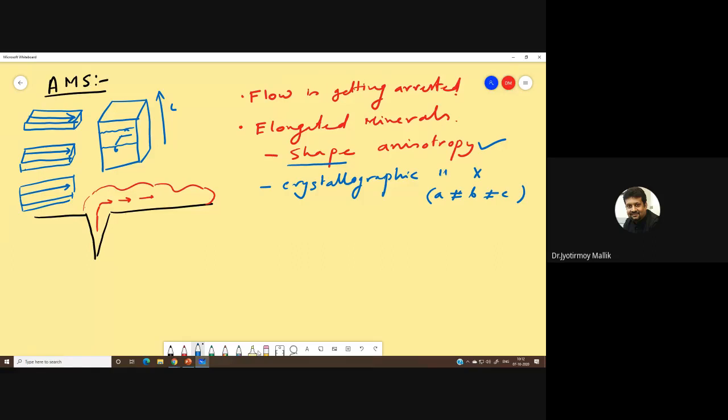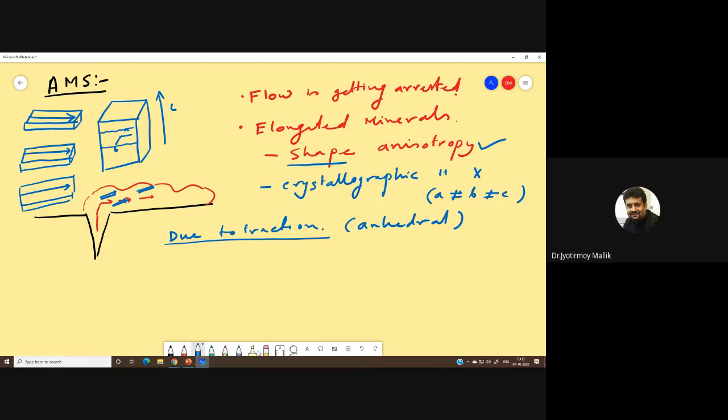So, for example, I have several elongated grains in this flow. So what will happen because of this flow due to traction, these elongated crystals, the ones which are anhedral, I hope you know the meaning of anhedral, euhedral, and subhedral by now.